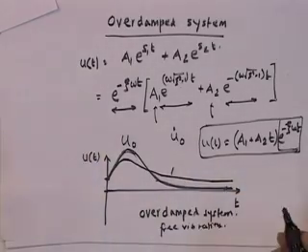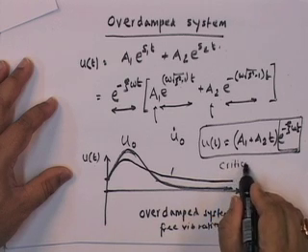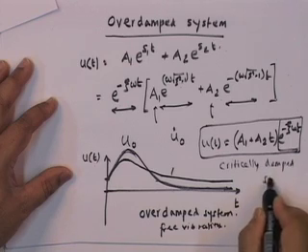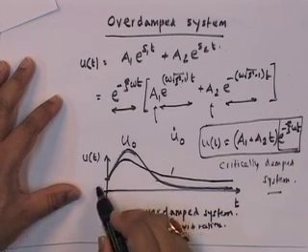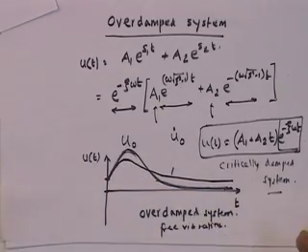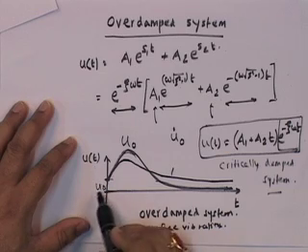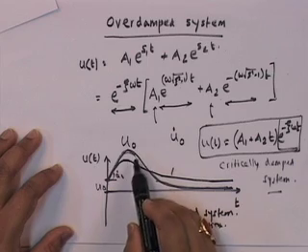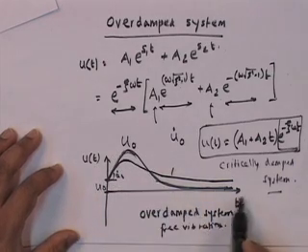The only difference between an overdamped system and a critically damped system is that both do not vibrate. Both, when subjected to an initial displacement and an initial velocity, go up, and then come down.